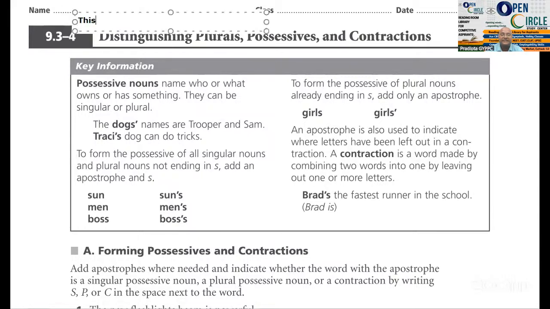This is dog's belt, right? Here, ये कुत्तों का खाना है. This is dogs' food, with the apostrophe after the s. Understand?